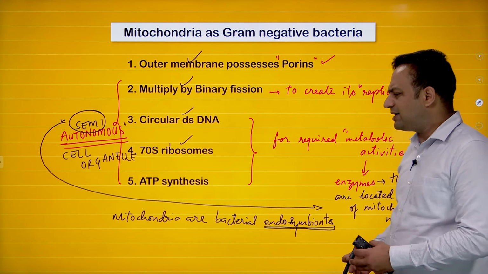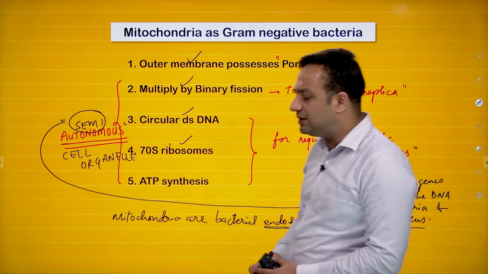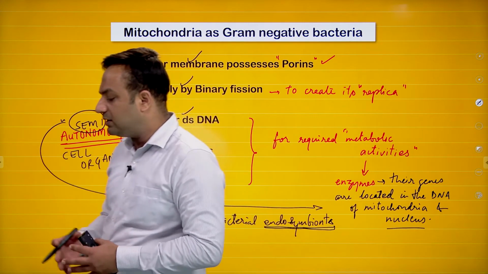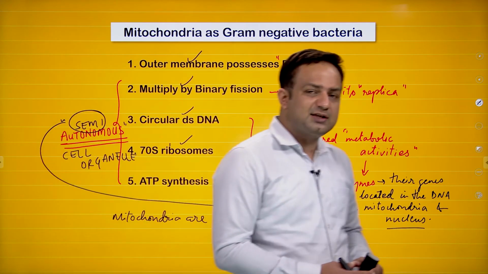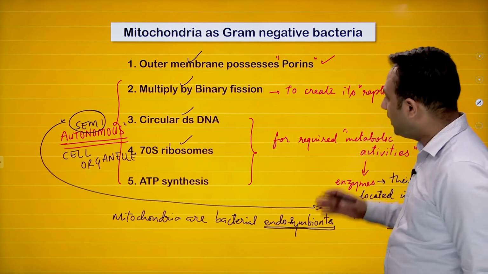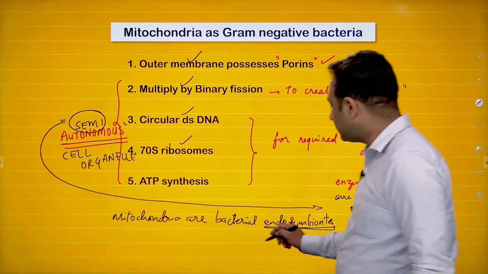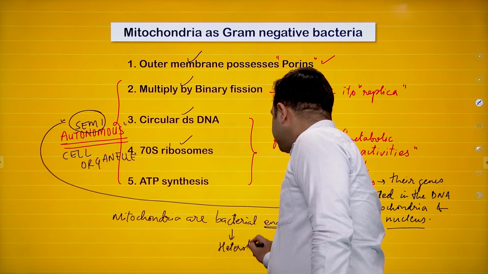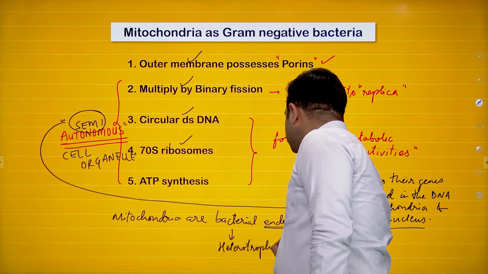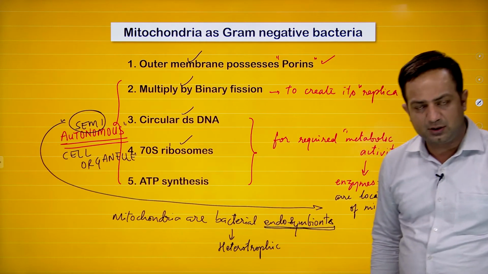If they are something like a bacterial cell, then what kind of bacterial cell are they? Autotrophic or heterotrophic? The answer is very simple. They are heterotrophic bacteria. Why am I saying this? Because they are synthesizing ATPs from organic compounds.